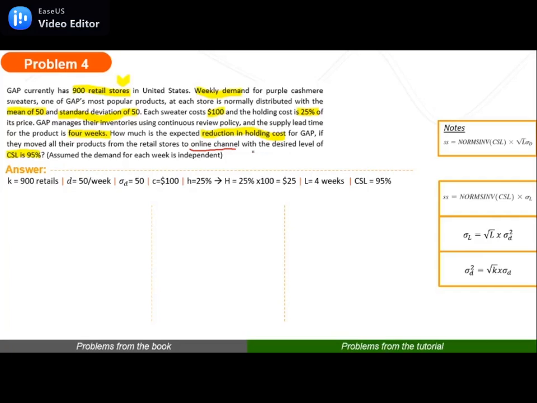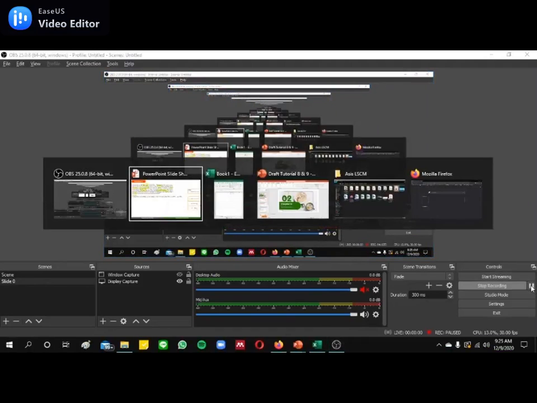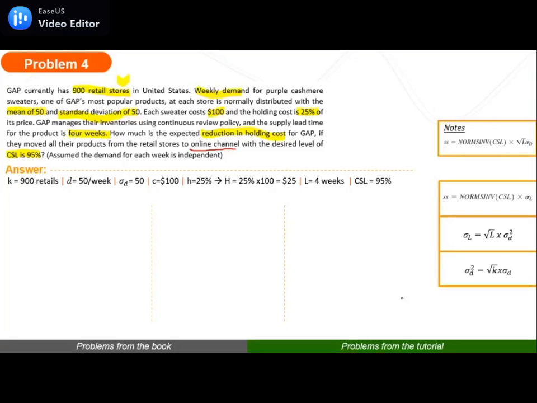Okay, this is the information from the problem. The number of retail stores, or K here, is 900. The demand is 50 per week. The standard deviation of demand is 50. And then each sweater costs $100, and the holding cost is 25%.